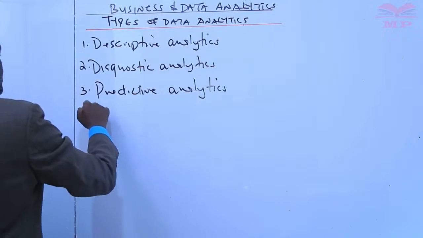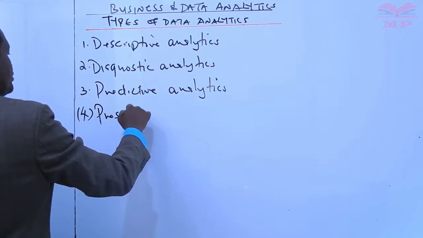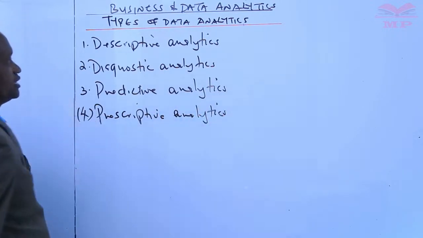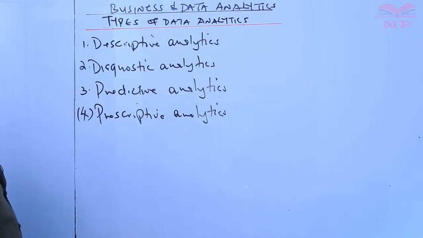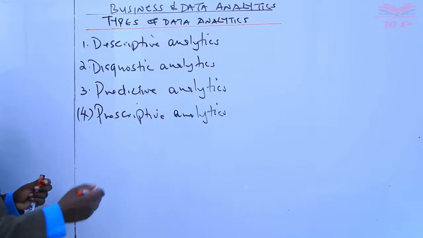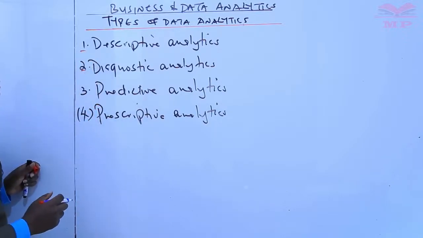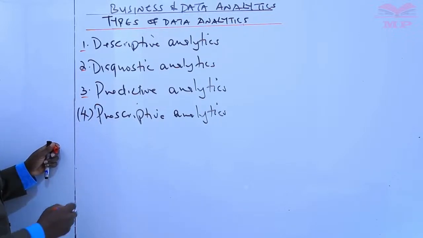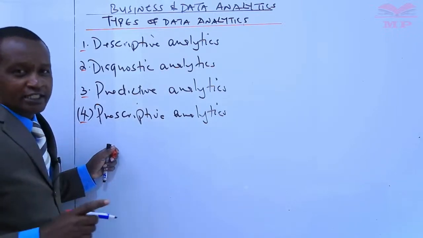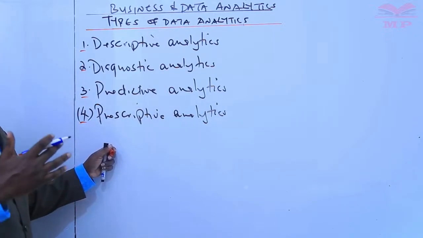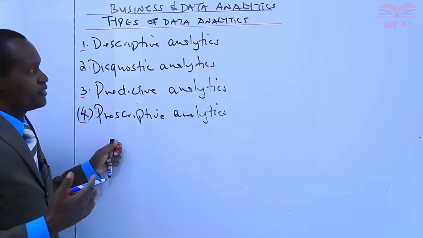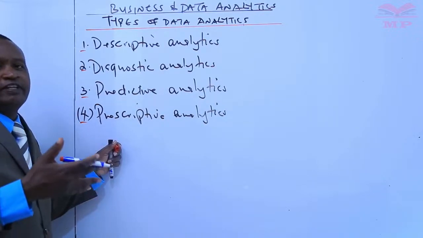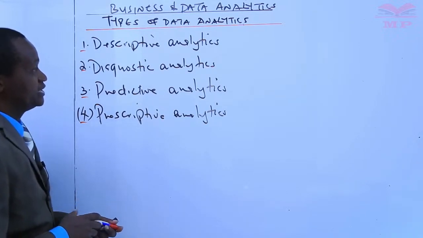Number 4, prescriptive analytics. So 4 types: descriptive analytics, diagnostic analytics, predictive analytics, and prescriptive analytics. Now, each type here has a different goal and a different place in the data analytics process.